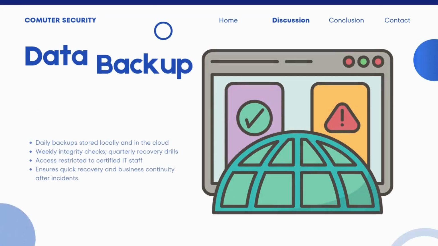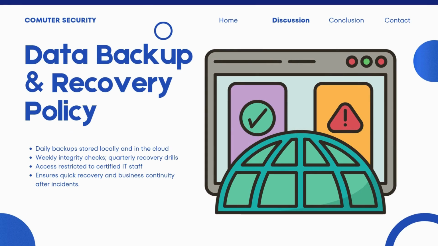Now, I'll be talking about data backup and recovery policy. To ensure business continuity, SCB performs daily backups of all critical systems. These backups are stored in both local servers and cloud storage. Backup integrity is tested every week, and recovery drills are also carried out four times a year to ensure the system can be restored quickly during an incident.